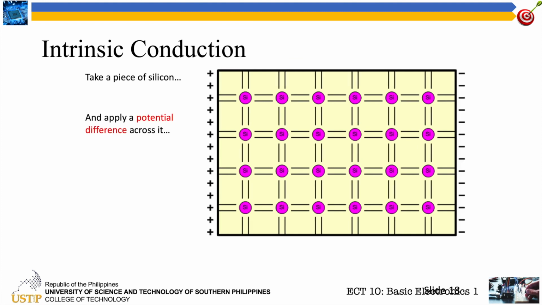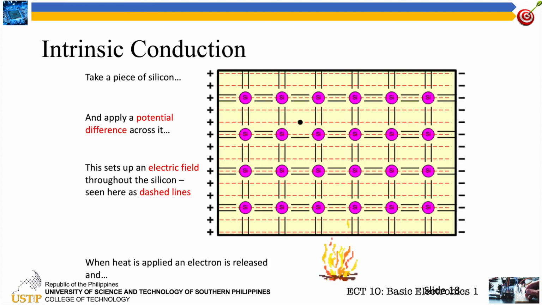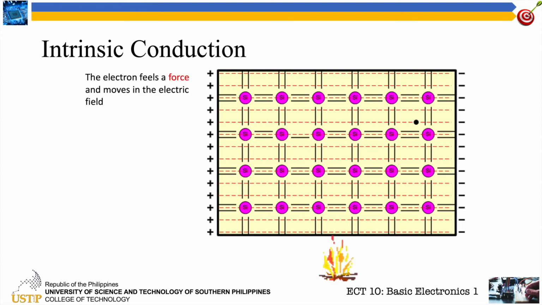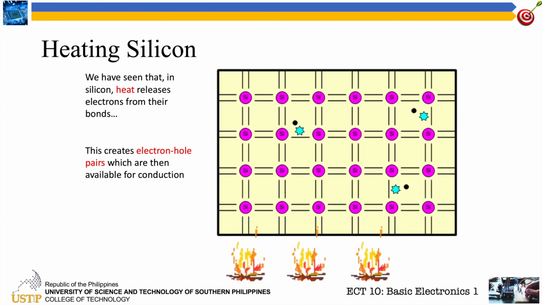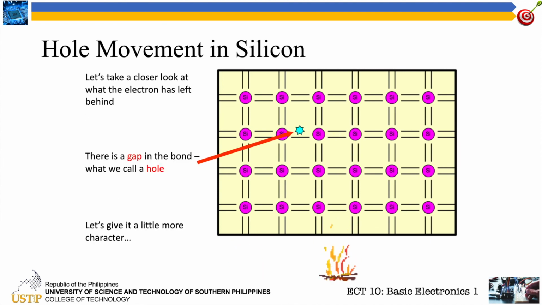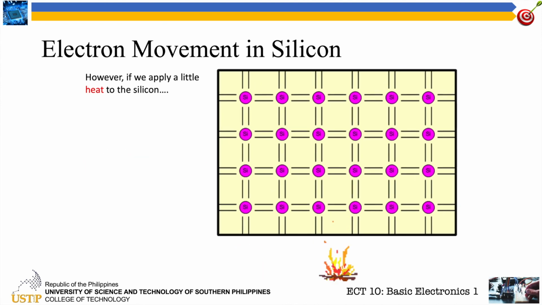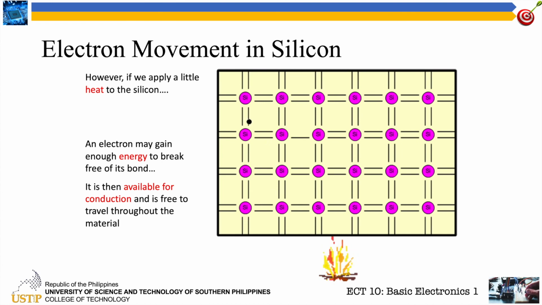Take a piece of silicon, we apply potential difference, we apply heat. When heat is released, earlier, these electrons are very much free to go anywhere, because it doesn't have an electric field yet from the potential difference that will give the direction.